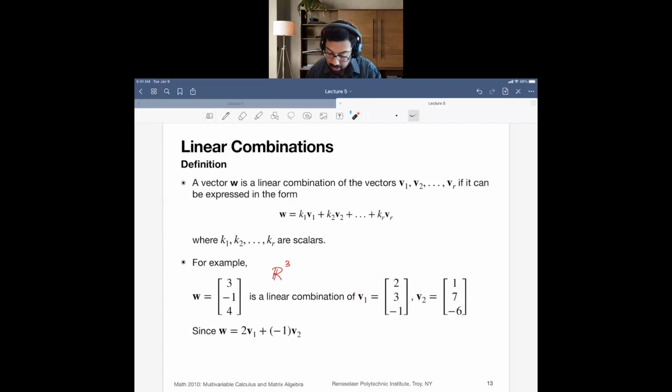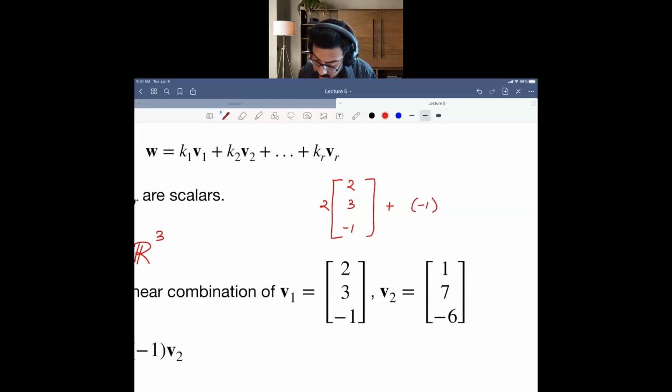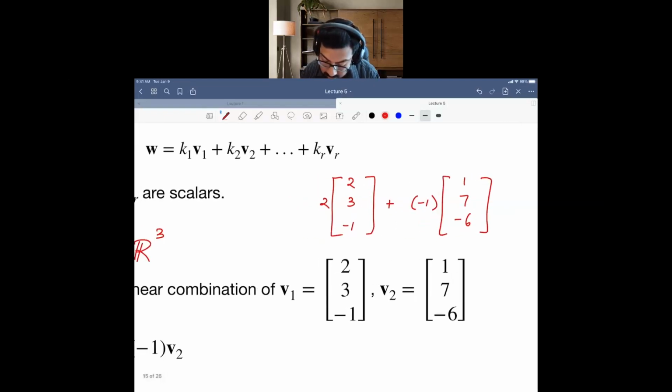The check is that W is essentially 2 times V1 plus negative 1 times V2. You can put in the numbers and check that. All you have to do is 2 times (2, 3, -1), minus 1 times (1, 7, -6), and check whether this equals W or not.